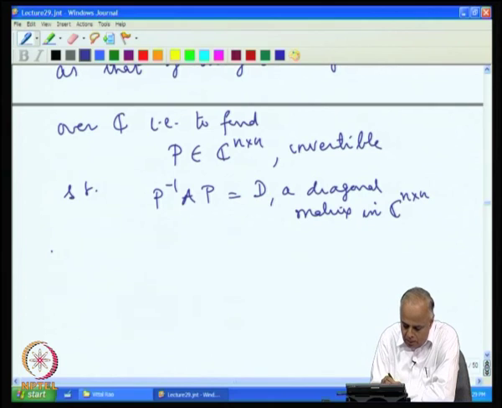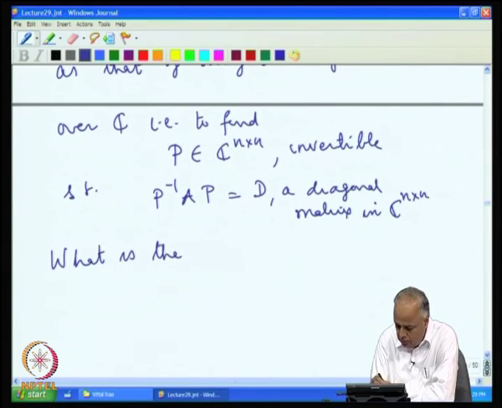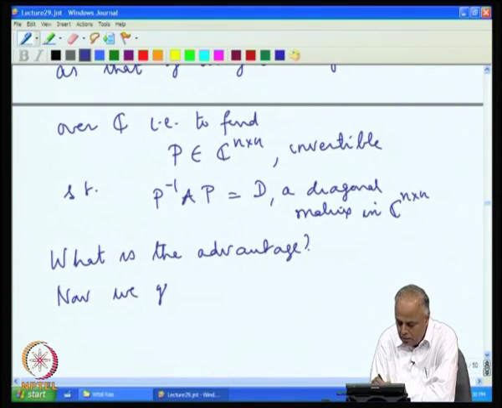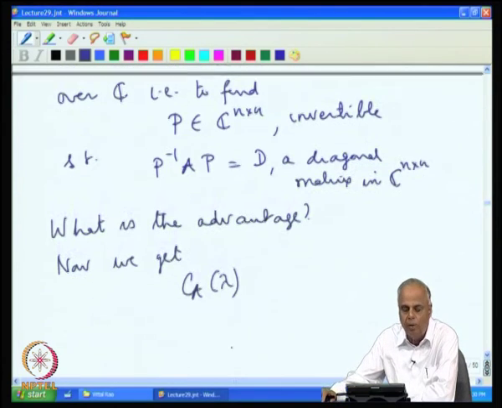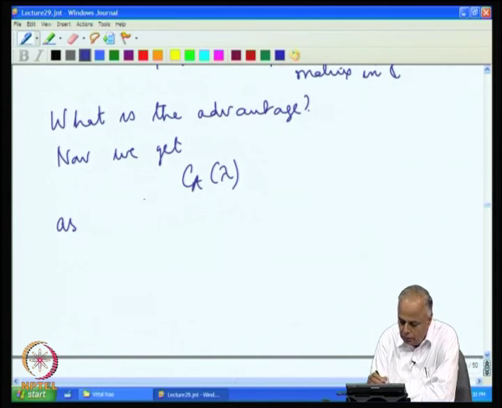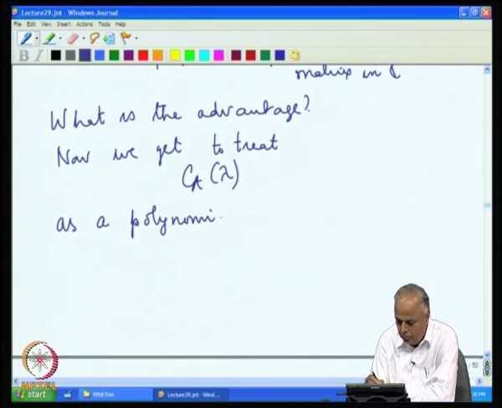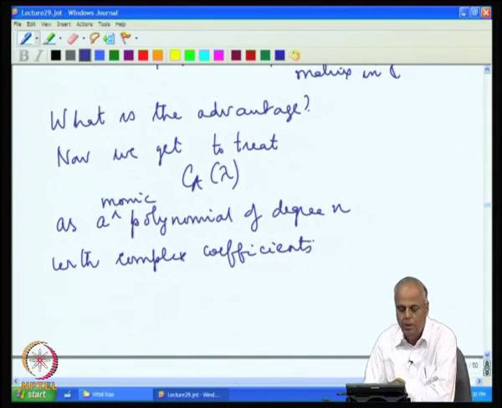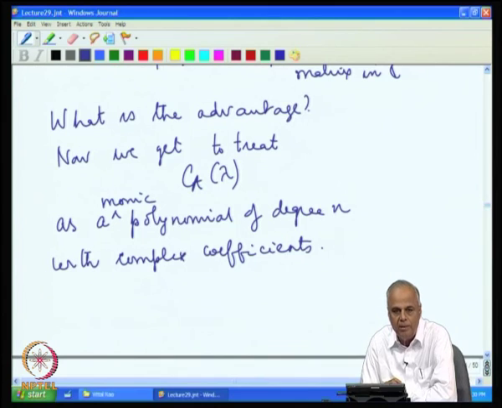Why do we do that? What is the advantage? Now, we get chi_A, the characteristic polynomial, as we can treat this as a monic polynomial of degree n with complex coefficients, and the fundamental theorem of algebra says that if you have a complex polynomial with degree n, it will have n roots.